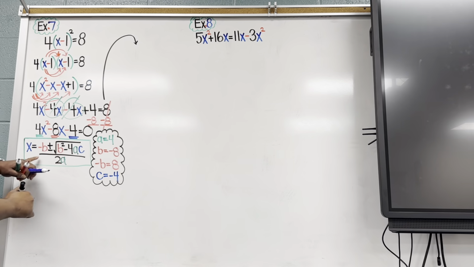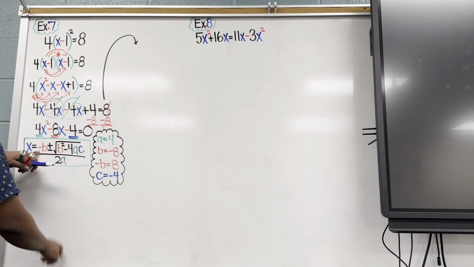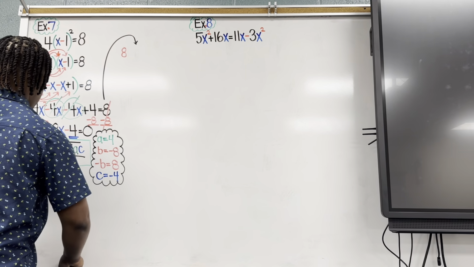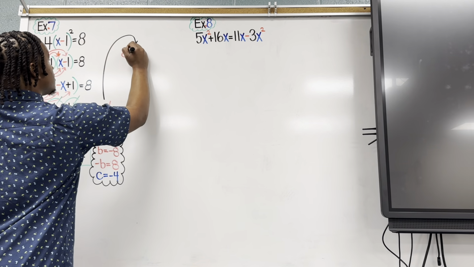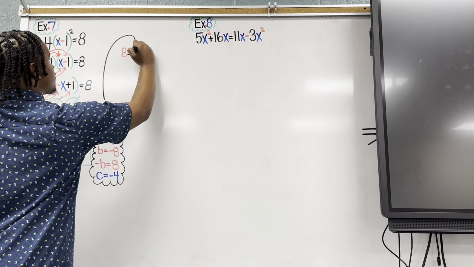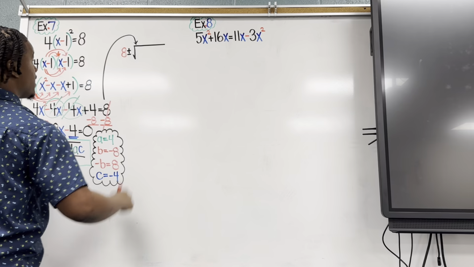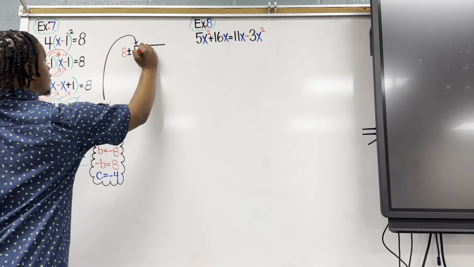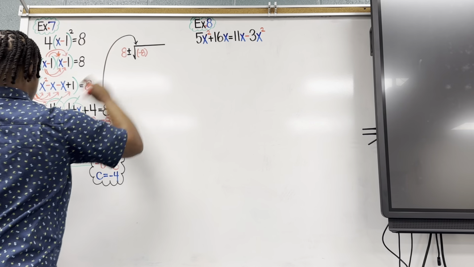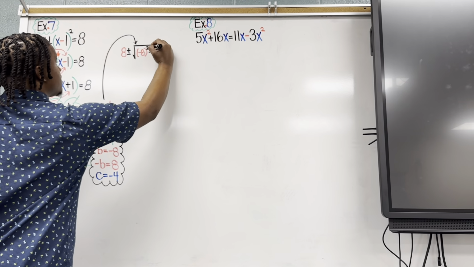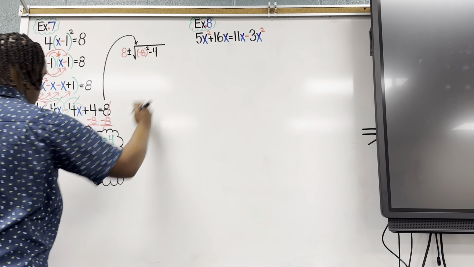Okay, so now we plug it into the formula. Negative b is a positive 8, so it's going to be 8 plus or minus the square root of positive b, which is negative 8, squared, minus 4 times a.